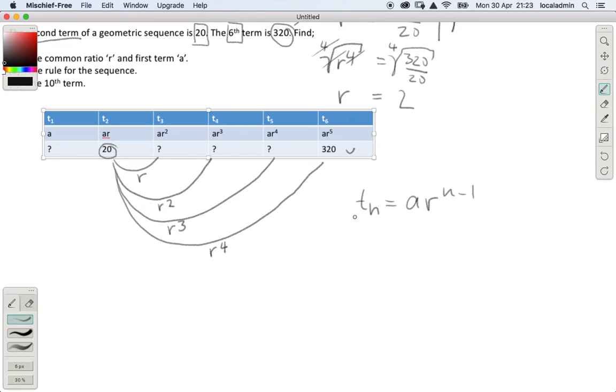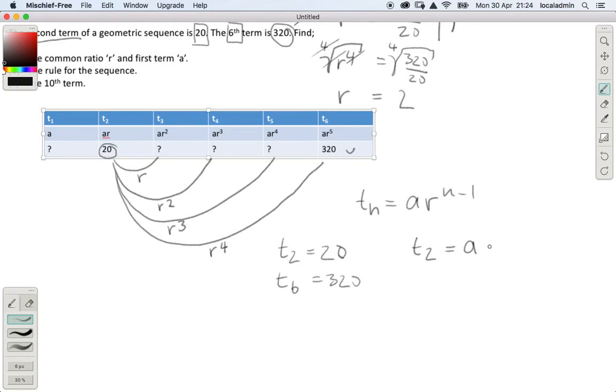Like before with the arithmetic one, we can either use T2, which is 20, or T6, which is 320. It works either way. So we replace this Tn with T2, the very specific one.